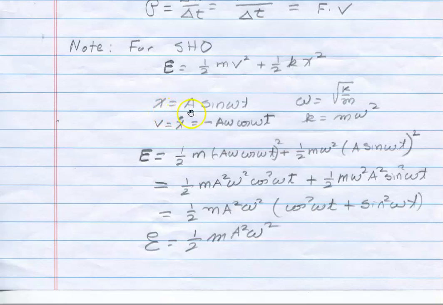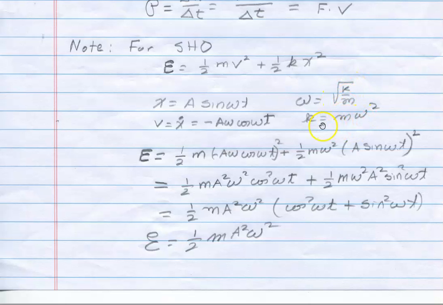One can solve the spring problem, and it just becomes x equals A, I'm using capital A here for the amplitude now, sine omega t, and then take the derivative of that to get the velocity, so you just get minus A omega cosine omega t. And then omega is the resonance frequency for this mass spring oscillator, which is just square root of k over m.